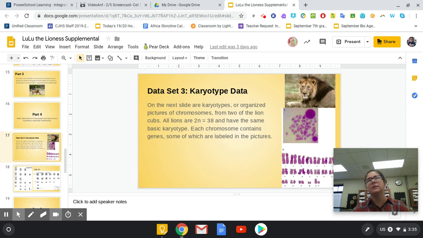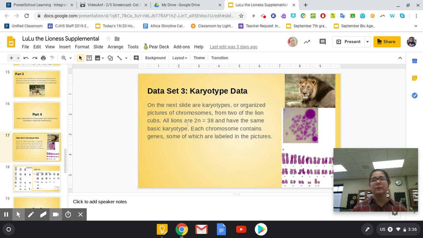So for humans, we have 23 different types of chromosomes, but we have 46 total because we have 2 copies, one from each parent. Now, for lions, they have 19. You can see right here, 18, and then your 19 is these ones called XY, which we'll be coming back to, and some of you already know. Different types of chromosomes. 2 from each parent gives you a total of 38. Different organisms have different amounts of chromosomes.